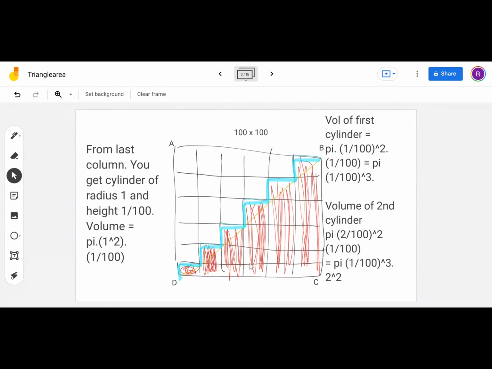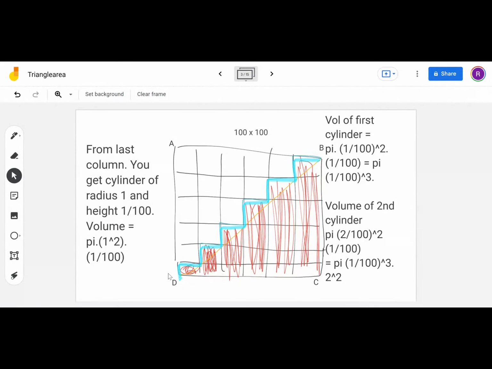If I divide the square into fewer parts, will the steps become nearer, and will the volume of the cylinders become nearer to the volume of the cone, or more different from it? Remember the area of the triangle. For getting the area of the triangle, we were dividing it into n parts.